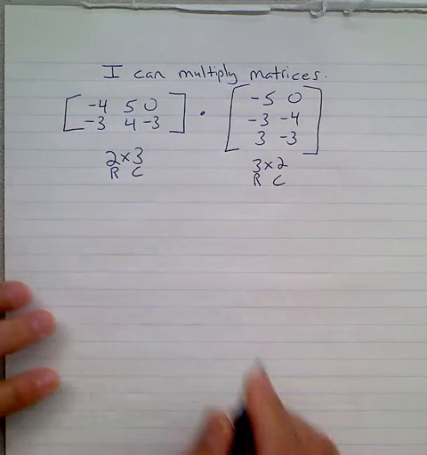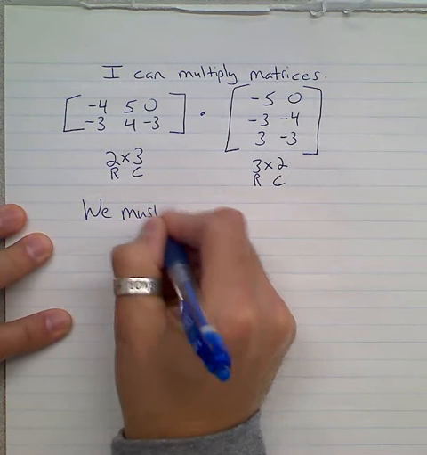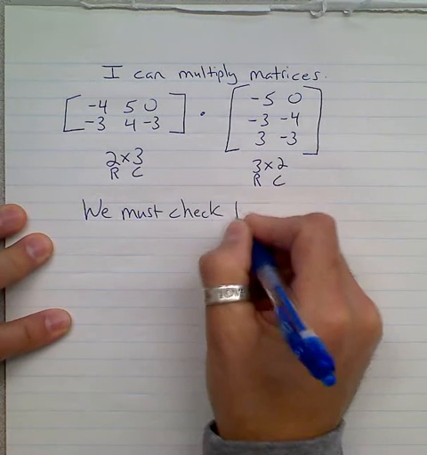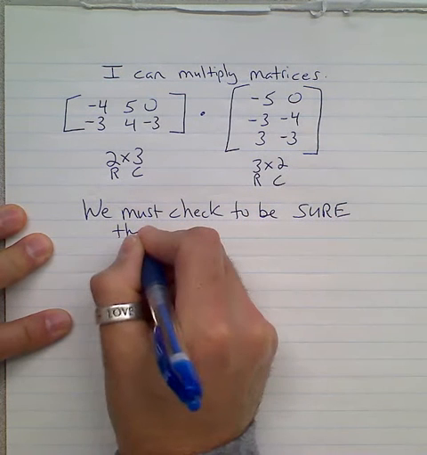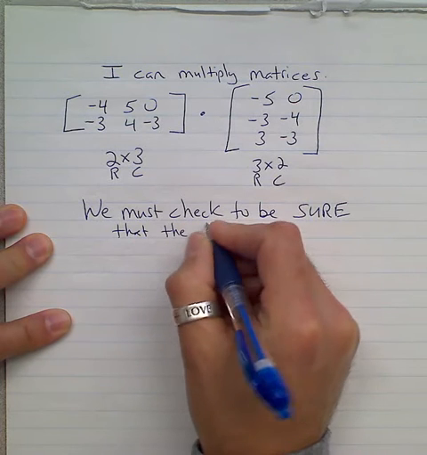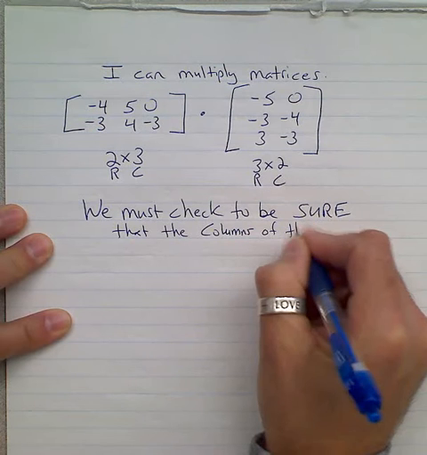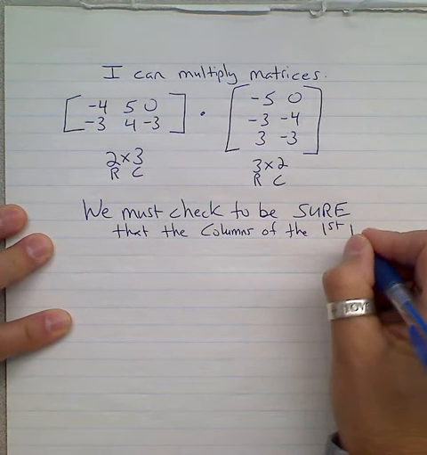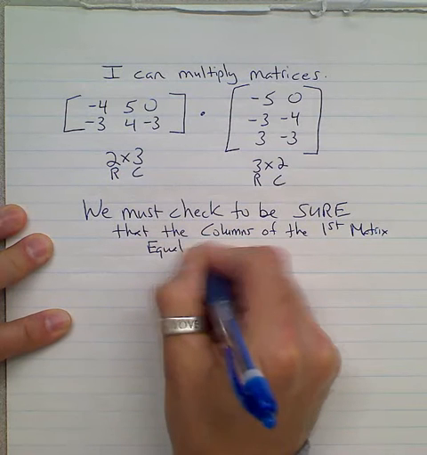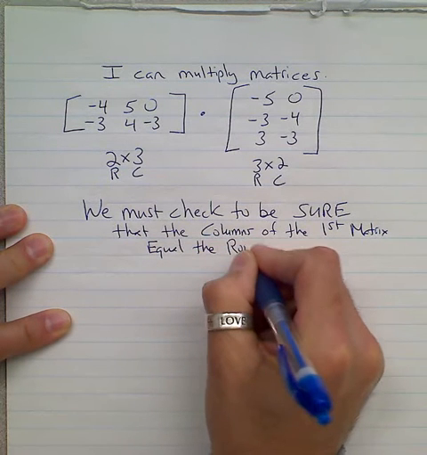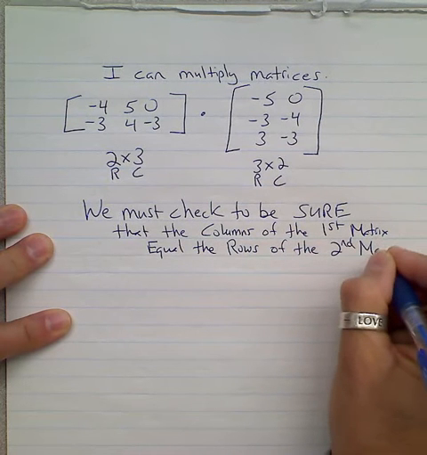When multiplying matrices, we must check to be sure that the columns of the first matrix equal the rows of the second matrix.